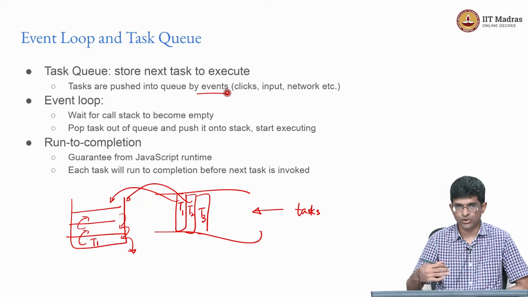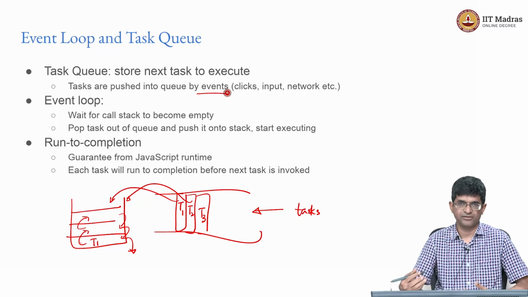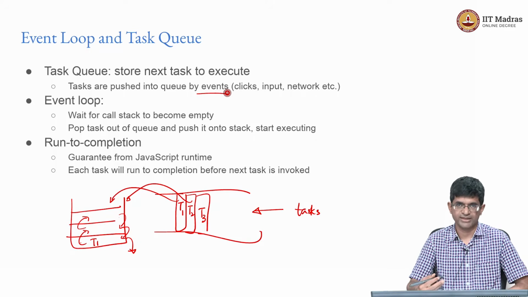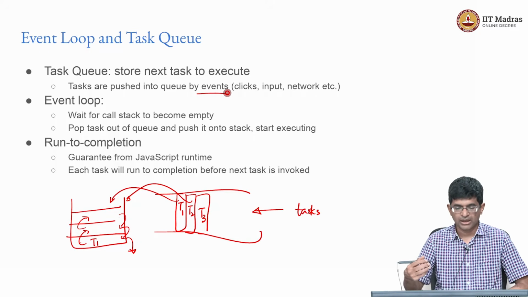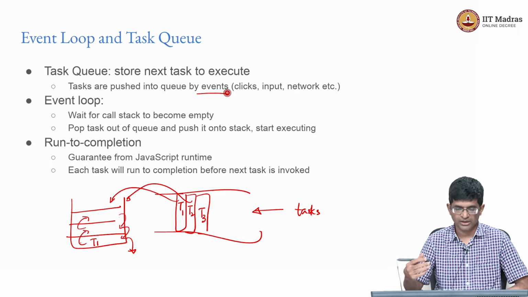Those events could be user interaction, network, or other kinds of things which are basically external to the JavaScript runtime itself, or related to the runtime but not part of the execution of the code itself. Okay. And effectively what this means is that this is the key to what we will later use in terms of asynchronous processing.